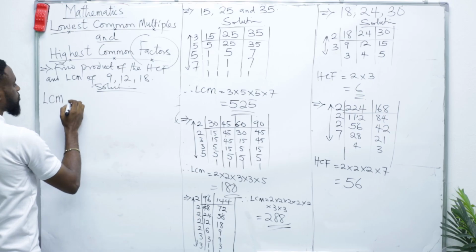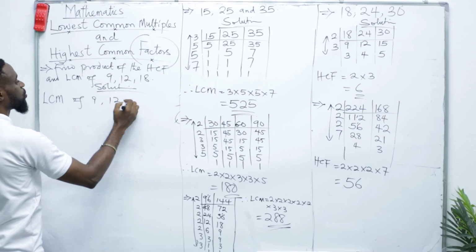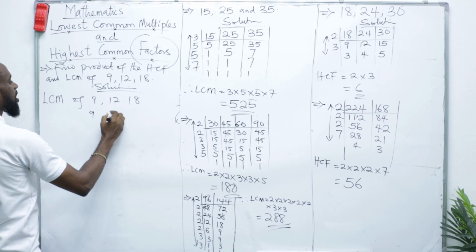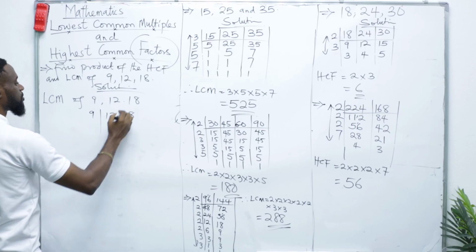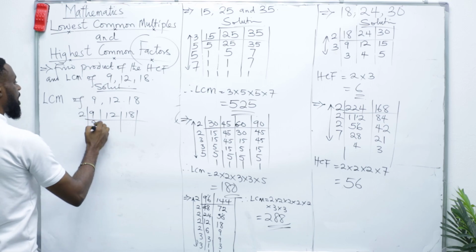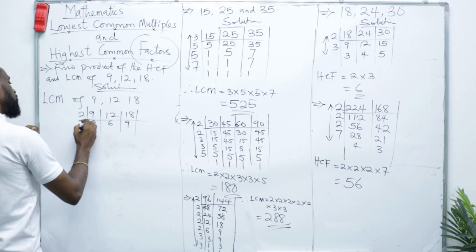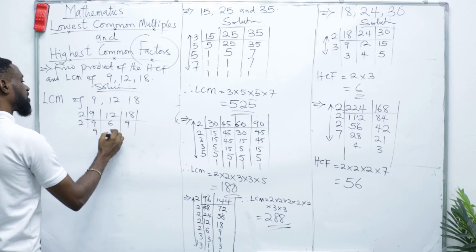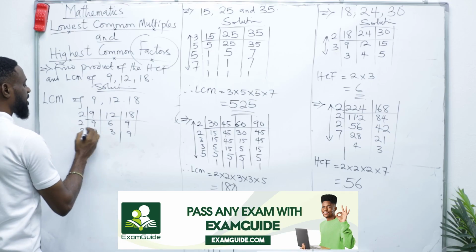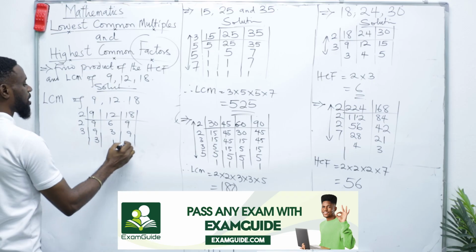LCM of 9, 12, 18. Okay, so we have 9, we have 12, we have 18. So 2 here, 9, 6, 9. 2 here, 9, 3, 9. 3 here, right? This is 3, 1, 3.